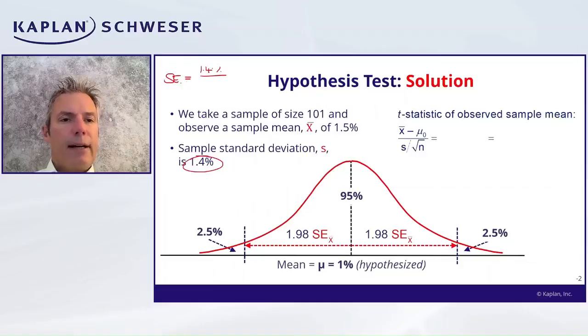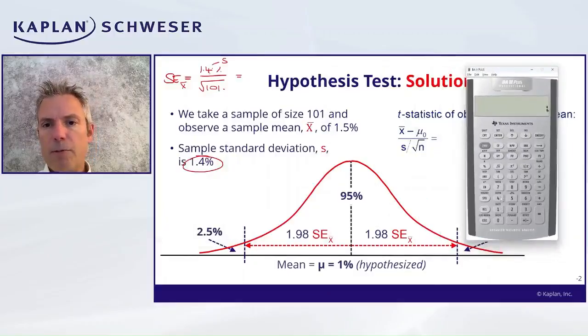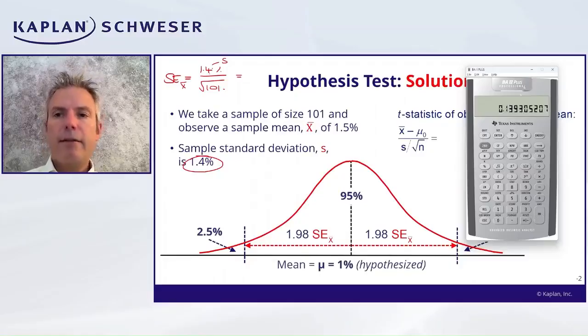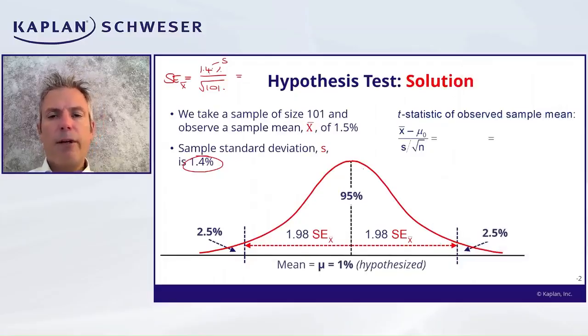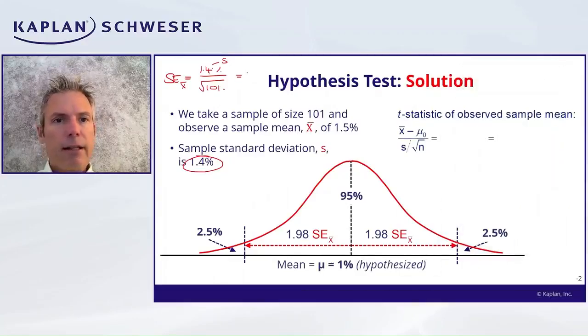If I take 1.4%, the sample standard deviation, and divide through by the square root of n, which is 101, I will get 1.4 divided by root 101. So you type 1.4 divide, type 101 and then just root it, equals 0.1393.